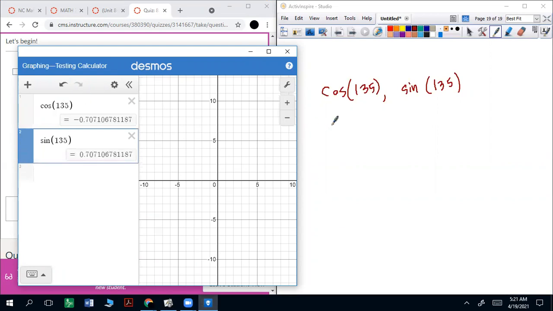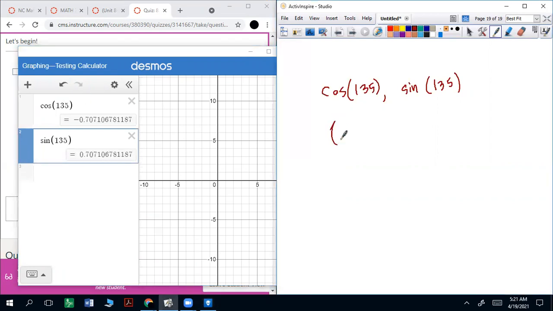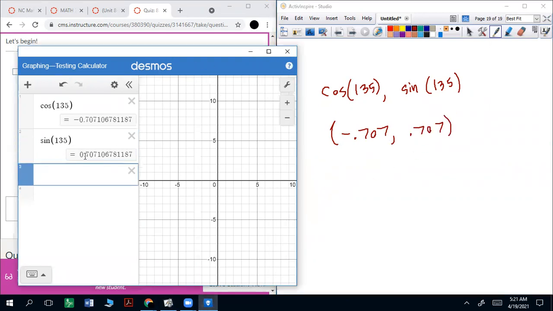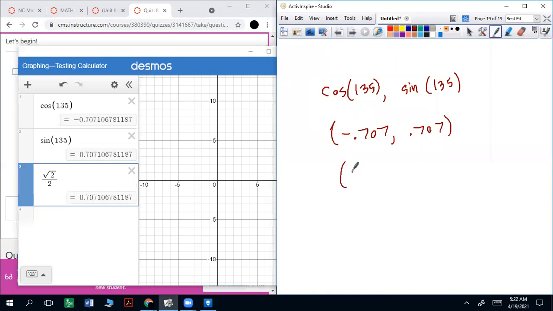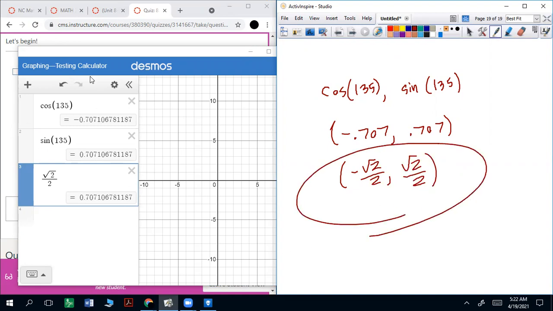All right, negative 0.707 and positive 0.707. And 0.707 is the square root of 2, right here, divided by 2. So negative square root of 2/2, positive square root of 2/2.